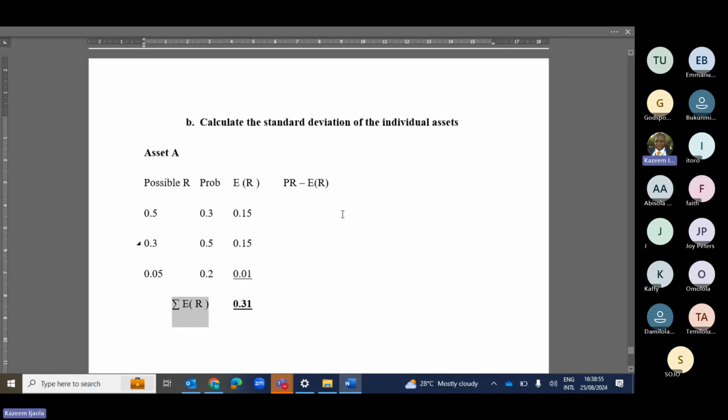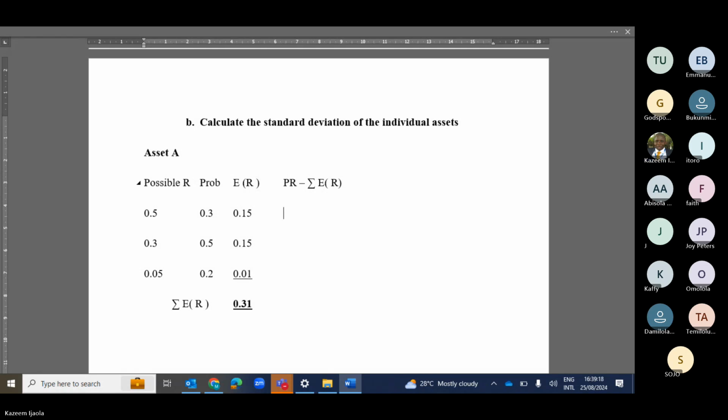So you will subtract this from this. What we are saying is that this PR we have here, possible return, you subtract it from this total here. So give me your answer. If you subtract now, what do you have? It will be 0.5 minus 0.31, that's 0.19.